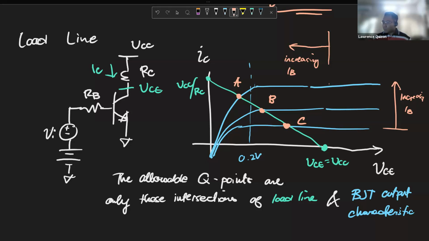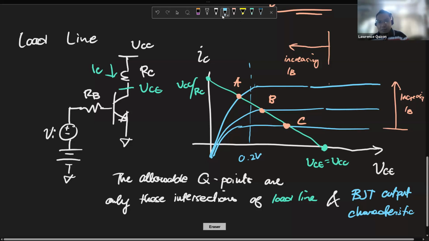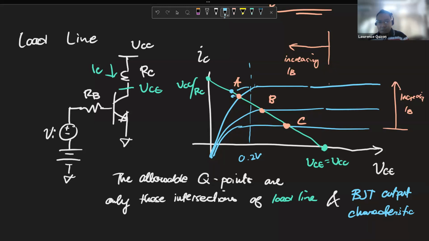So that's why we get stuck in saturation. Imagine, if we increase IB any further, then we're going to push this a little bit over here. But notice that, this is going to be a little close.